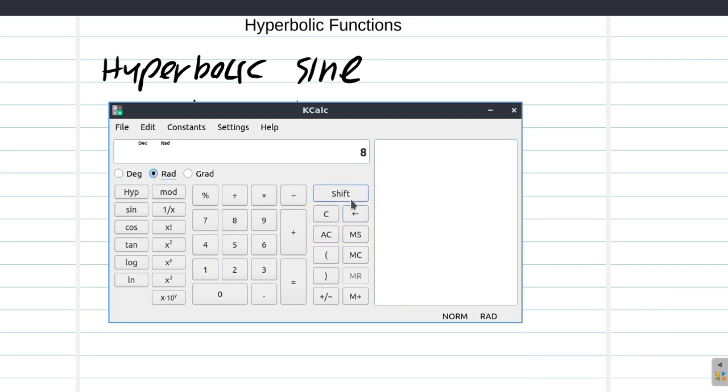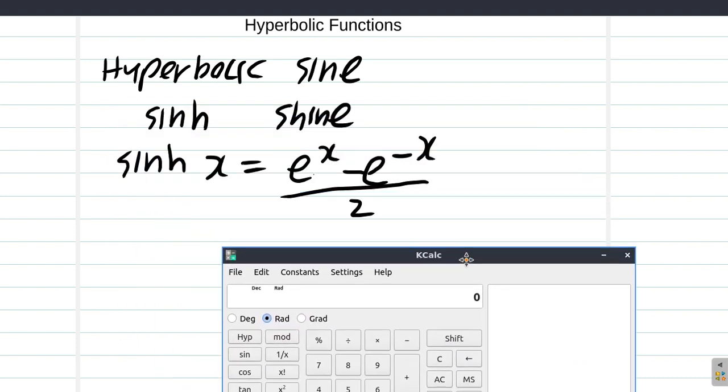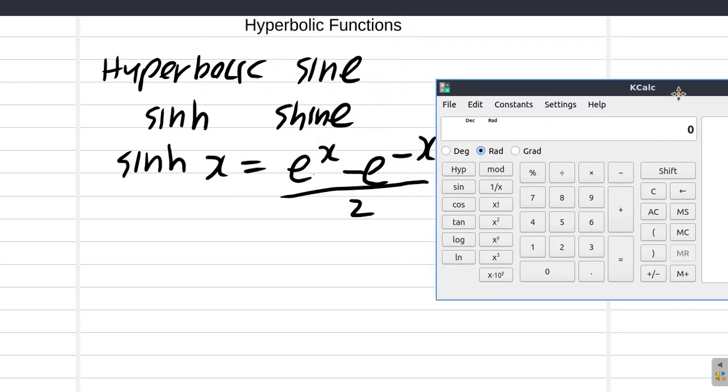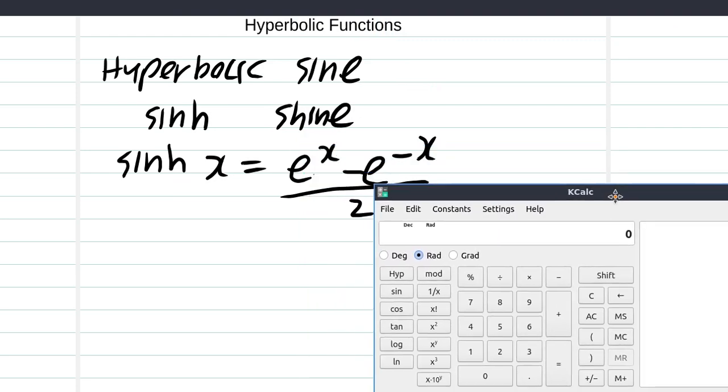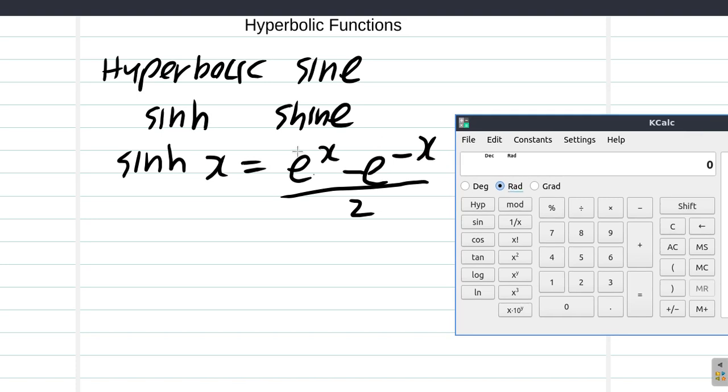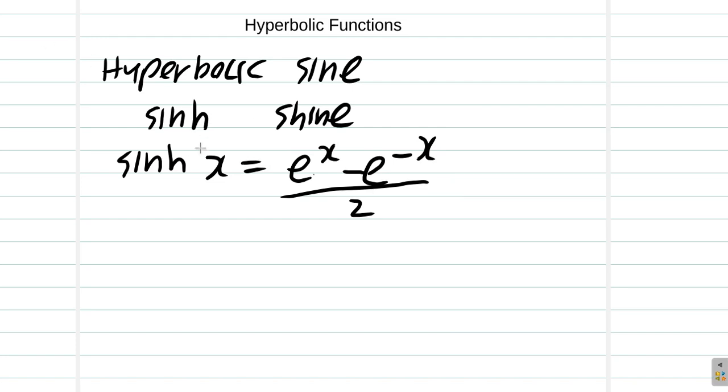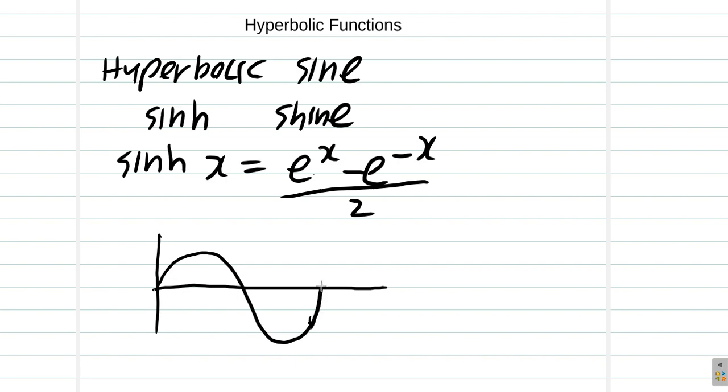So we have radian mode here, because when we calculate the sine, cosine, and tangent, or the hyperbolic sine, we're talking about using radians. Let's just quickly be reminded what we're dealing with. Let's say this is in degree mode. This ends at 360. This is sine x, not shine for now. Just a quick reminder, 180 degrees.